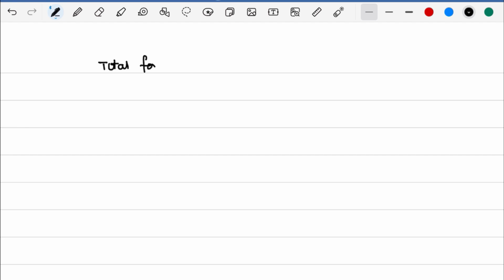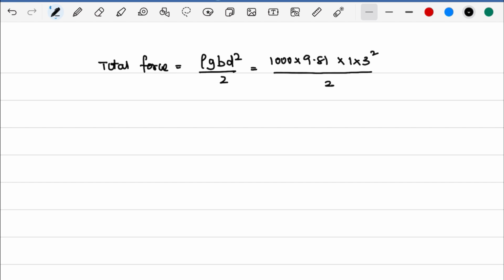Total force is equal to rho g BD square by 2. Rho we will take as 1000, g as 9.81, and width as 1 and depth as 3 square by 2.